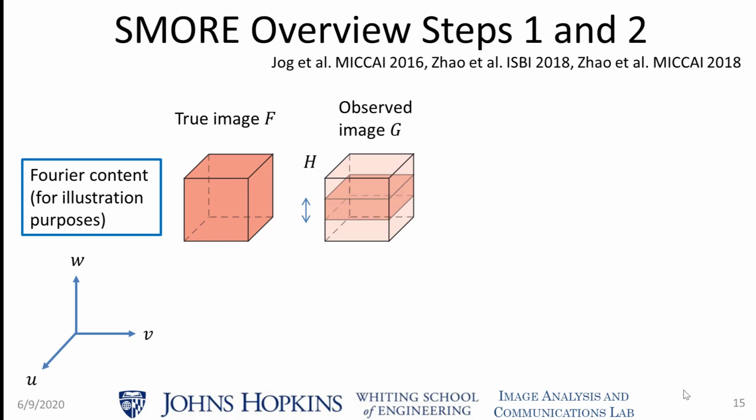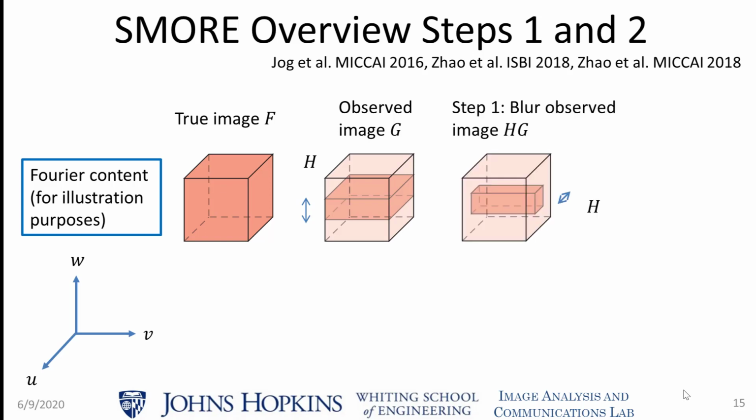So I'm going to explain what's going on again in Fourier space, even though the regressions are carried out in image space. So the idea is that a true image would like to have a full spectrum, but what one observes is a low frequency version of that image. So the first step in SMORE is to filter that observed image in the x direction and produce a doubly blurred image.